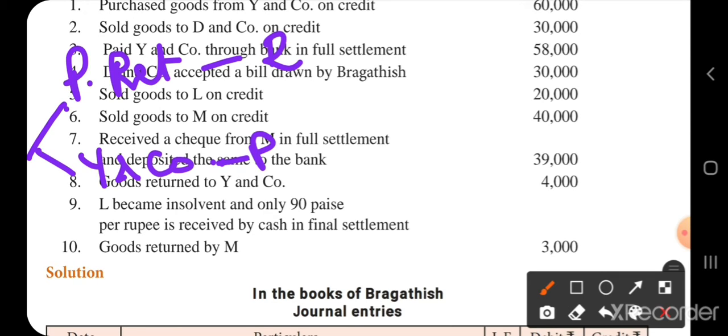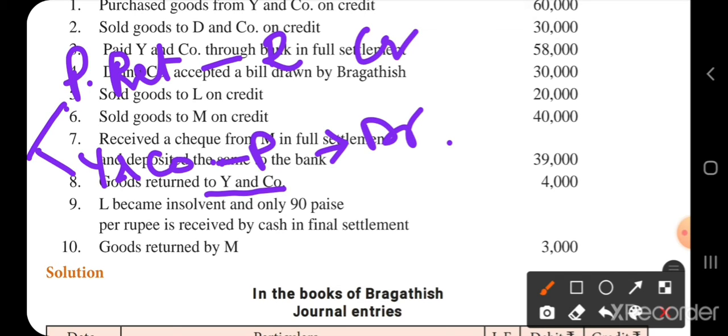Here, the goods are going out. So you credit what goes out. YN Company, what is the rule for personal account? Debit the receiver, credit the giver. The goods are returned to YN Company, so debit the receiver. YN Company you have to debit.